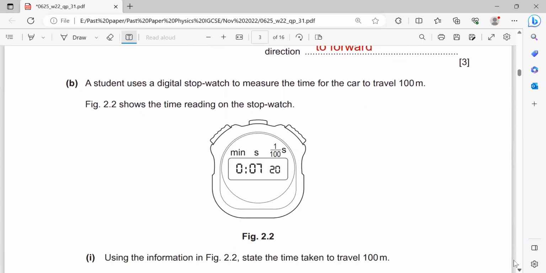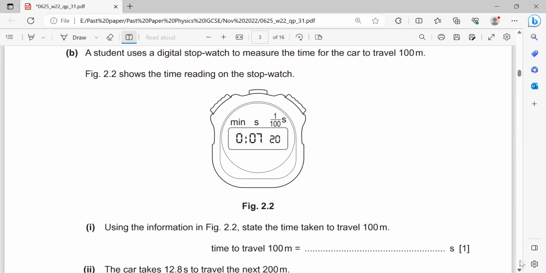Next, B, a student uses a digital stopwatch to measure the time for the car to travel 100 meters. Figure 2.2 shows the time reading on the stopwatch. Using the information in figure 2.2, state the time taken to travel 100 meters. Of course, this one 7.